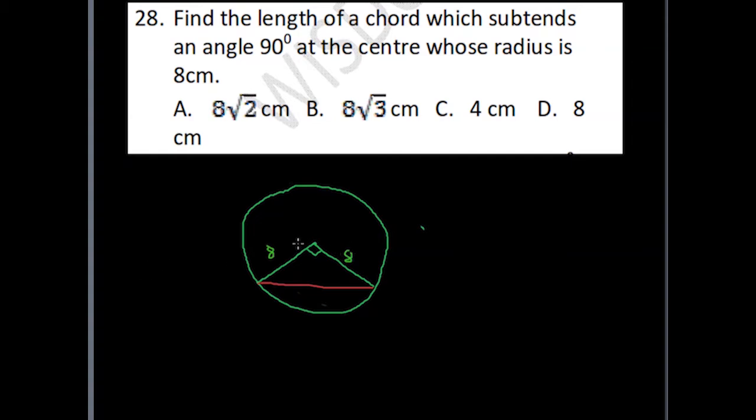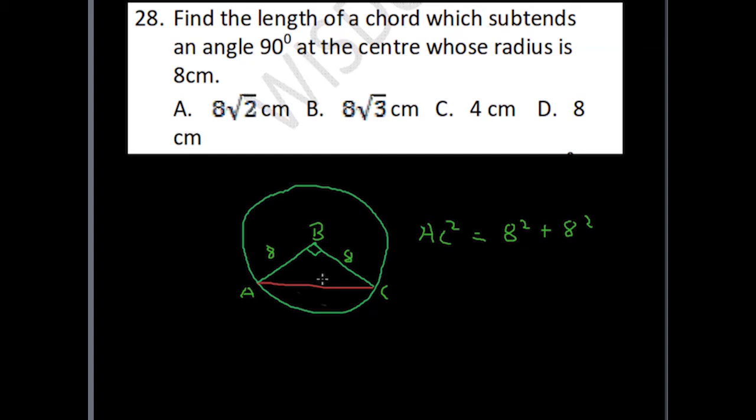So since this is the right angle here, triangle ABC is a right angle triangle, because the chord subtends 90 degrees at the center. So we can express AC square, which is the length of the chord, as 8 square plus 8 square.